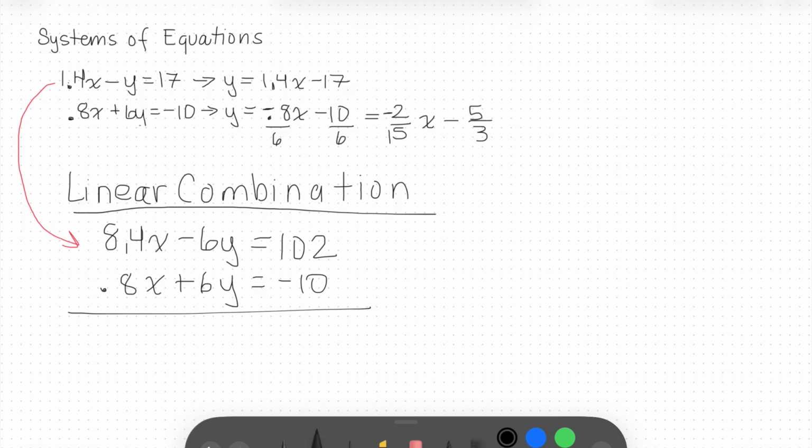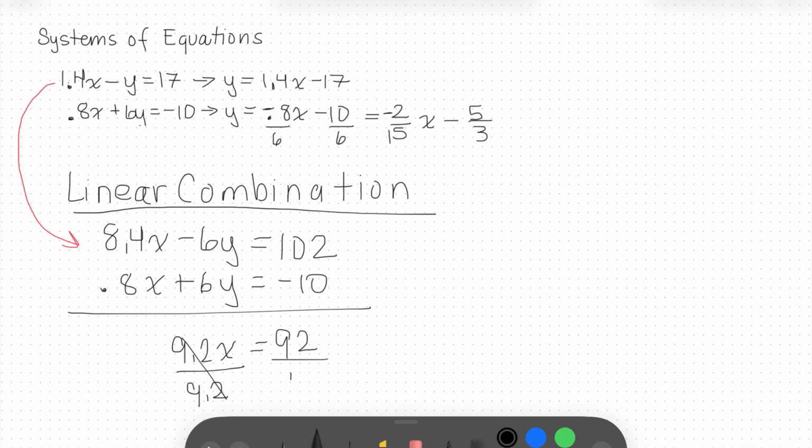Now I can just add them, because when I add these here, these are going to zero out. So what happens when I add those, I get 9.2x, 0y, and 92. Well, you might remember that from the first problem.